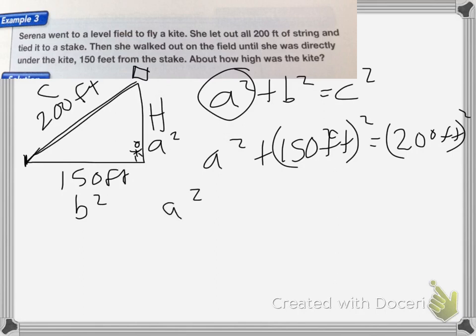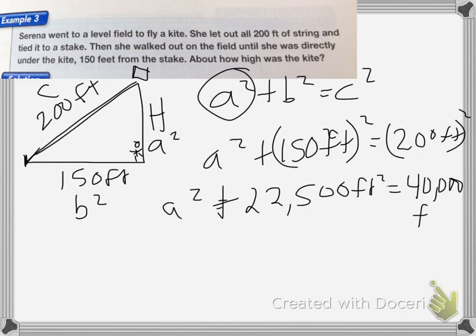So a squared plus 22,500 feet squared equals 40,000 feet squared. Okay. So if I subtract that across, my a squared is going to equal 17,500 feet squared.